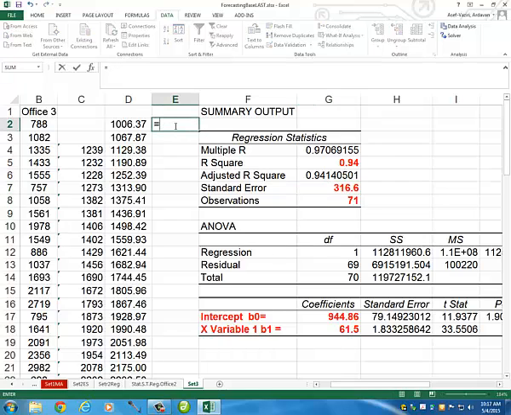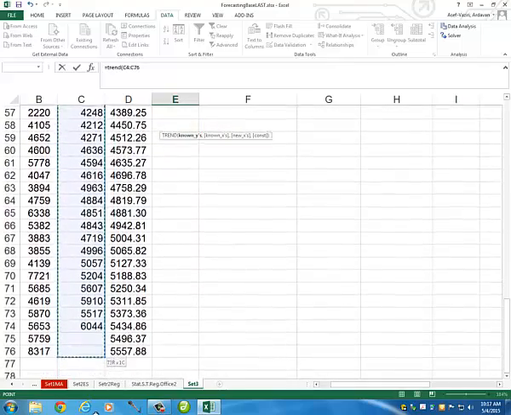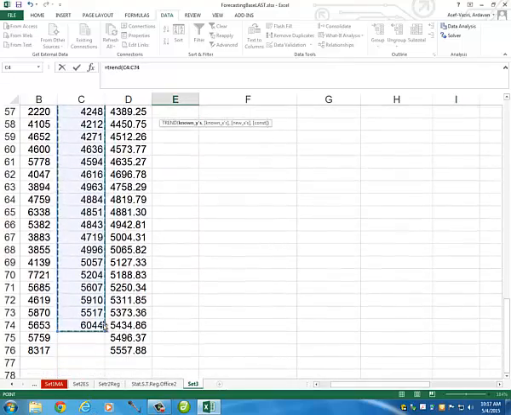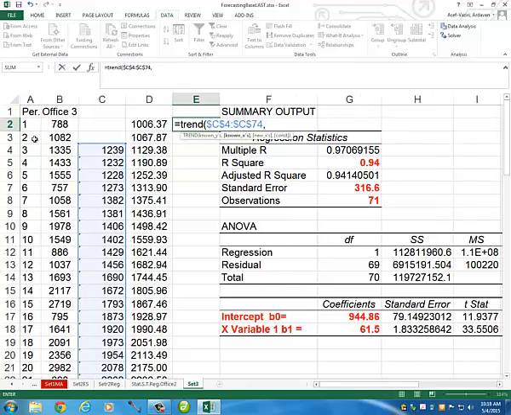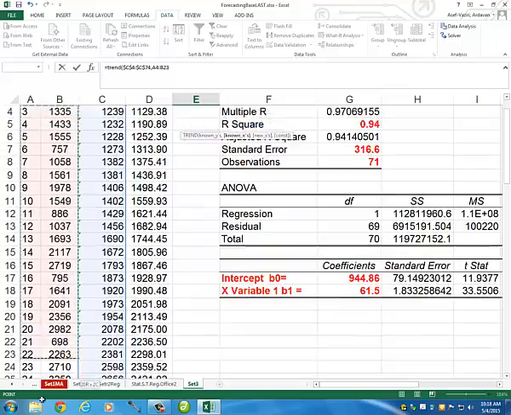I will type equal to trend, and then it says where are your known y values. These were my seasonality adjusted data. These are my y values. Then it says where are your x values, and x's are here. These are my x values.